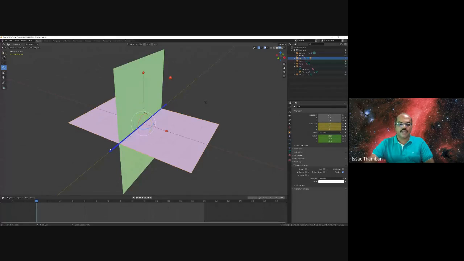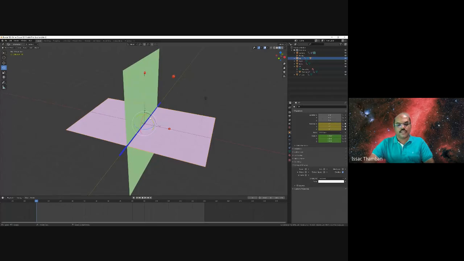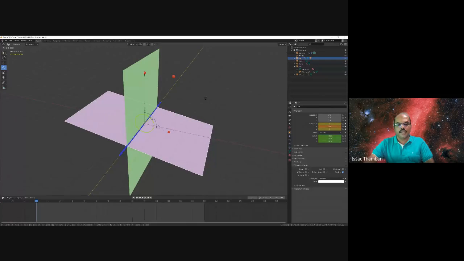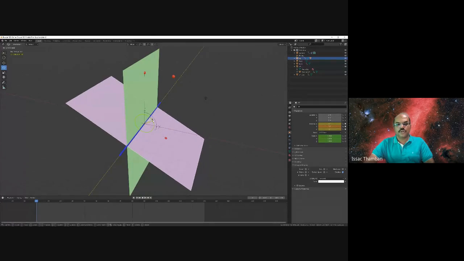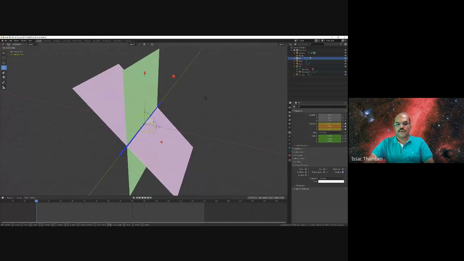The XY line is the intersection of the reference planes. Now, I am going to tilt the horizontal plane in the clockwise direction. Here, this is the initial position, and I am tilting the horizontal plane in the clockwise direction.